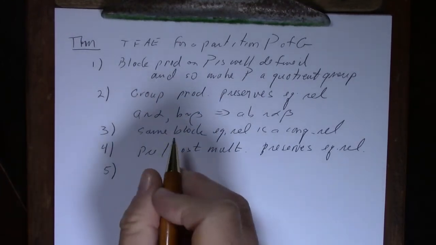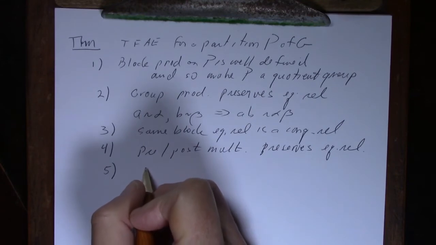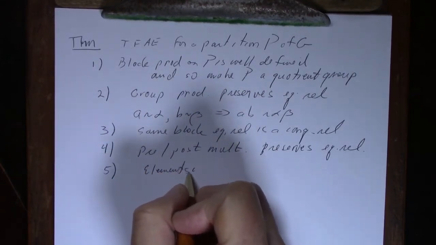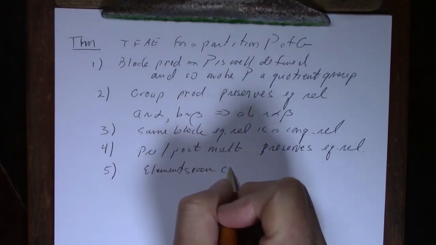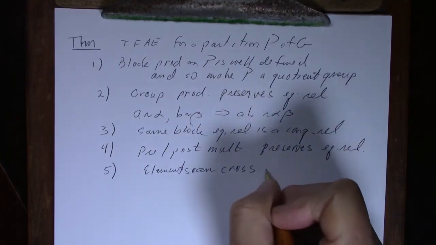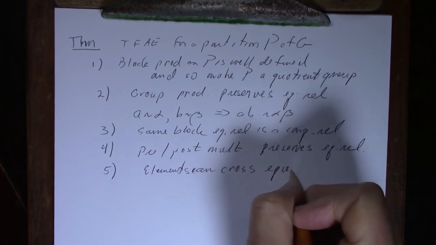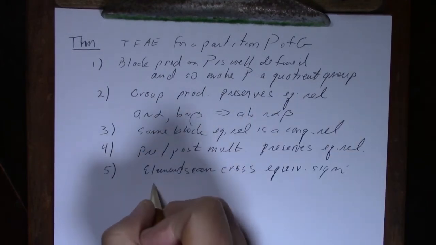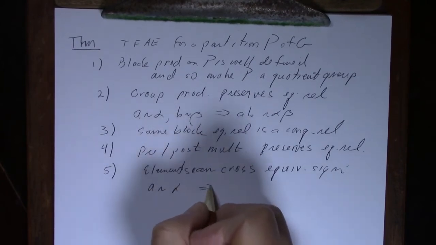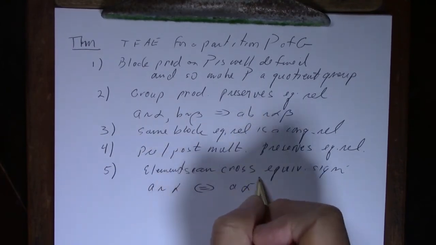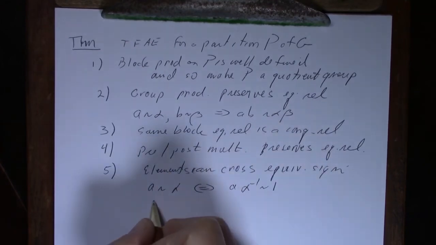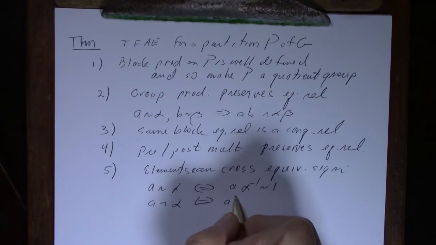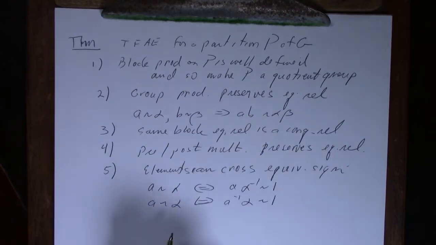5, elements can cross the equivalence sign. So A equivalent to alpha if and only if A alpha inverse equivalent to 1, and A equivalent to alpha if and only if A inverse alpha is equivalent to 1.